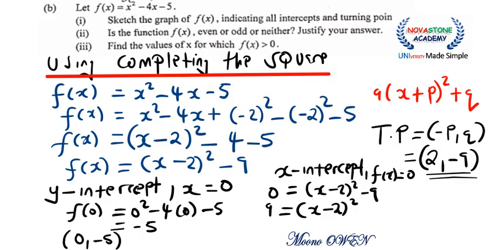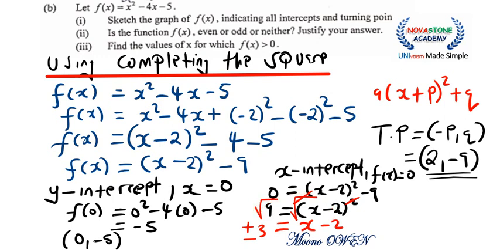Now for me to cancel the square, I'm going to take the square root on both sides. So I square root this side and I square root that side. Now the square root of 9 is positive or negative 3. This will be equal to x minus 2, because the square and the root cancel on this side. Therefore now for me to remain with x, I'm going to take the 2 to the other side.